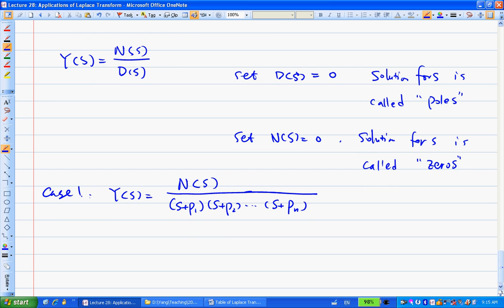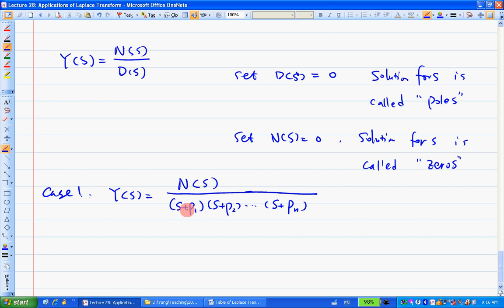So if you look at this form, what exactly does it mean? It's a numerator divided by the denominator, and the denominator is a multiplication of many factors. Each factor is in the simplest format: s plus something. If I set this denominator to 0, what makes it 0?